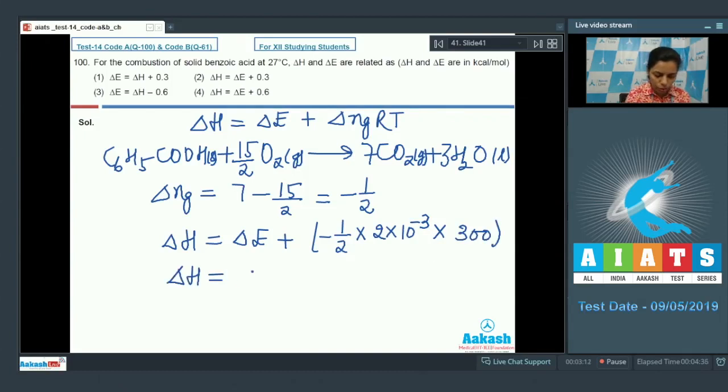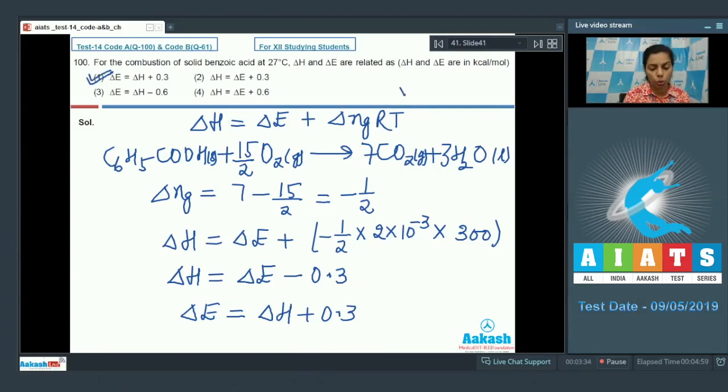Delta H is equal to delta E minus 0.3. This you will obtain, and if you check the given options, this value is given here in option 1. Actually, this can also be written as delta E is equal to delta H plus 0.3. On the basis of the final relation, I can choose option 1 as the correct option. After this, next question.